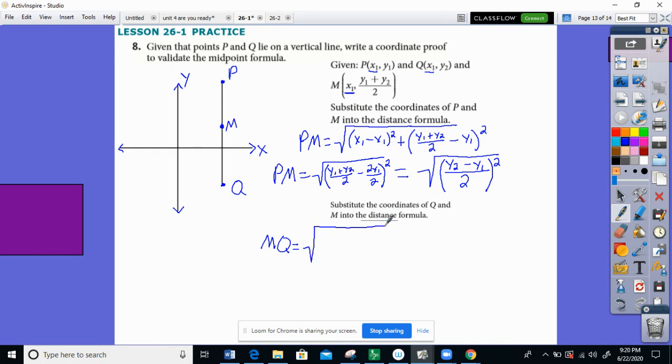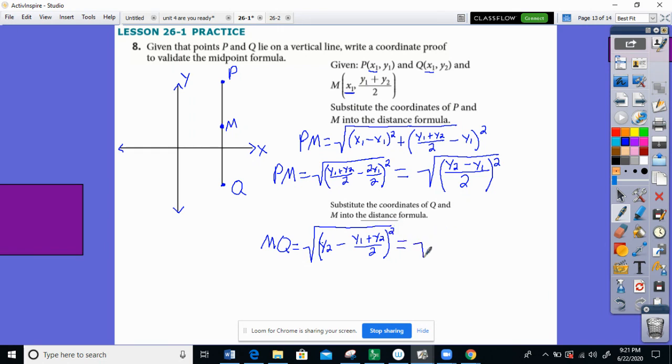It's going to be the square root of y2 minus y1 plus y2 over 2, that whole thing is supposed to be squared.